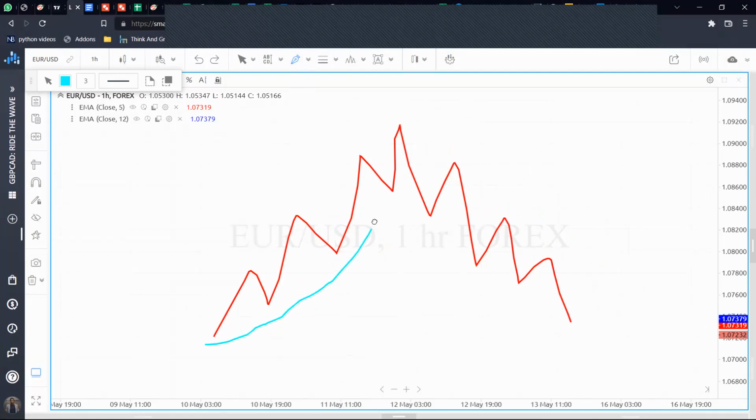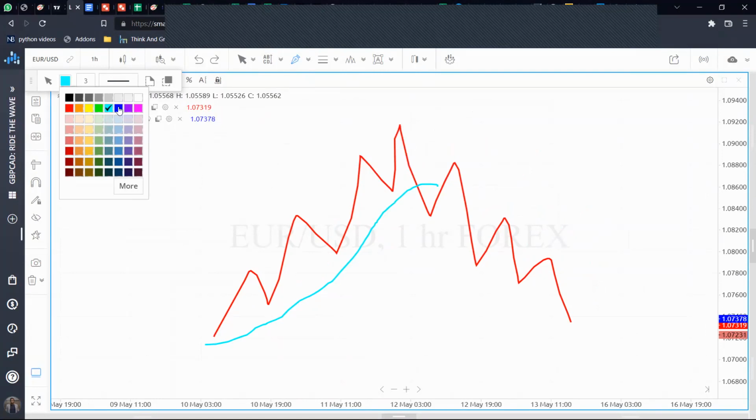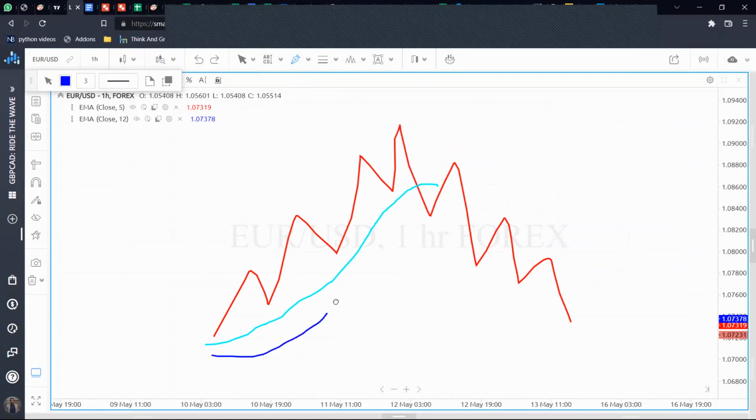But if we have two moving averages, let's say the 5-period moving average, and then another moving average, which we're going to make deep blue, and let's say this one is the 12-period moving average. Don't mind my drawing, it's not going to be perfect, but you get the idea.